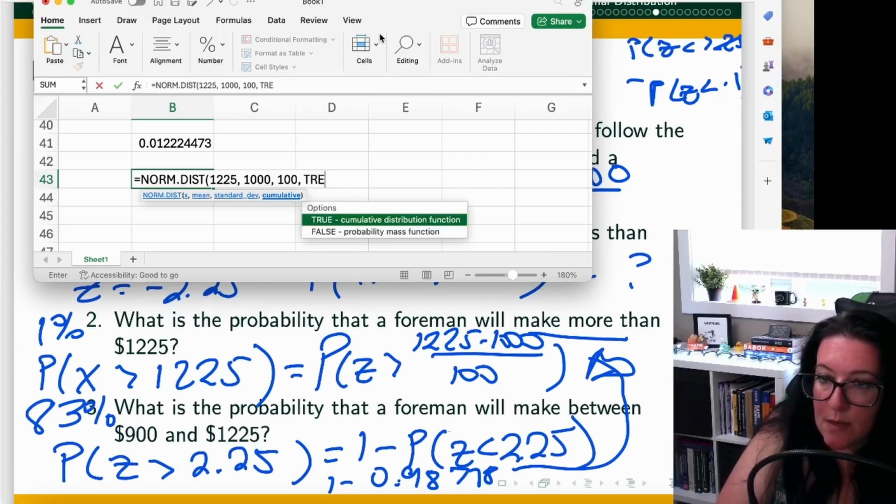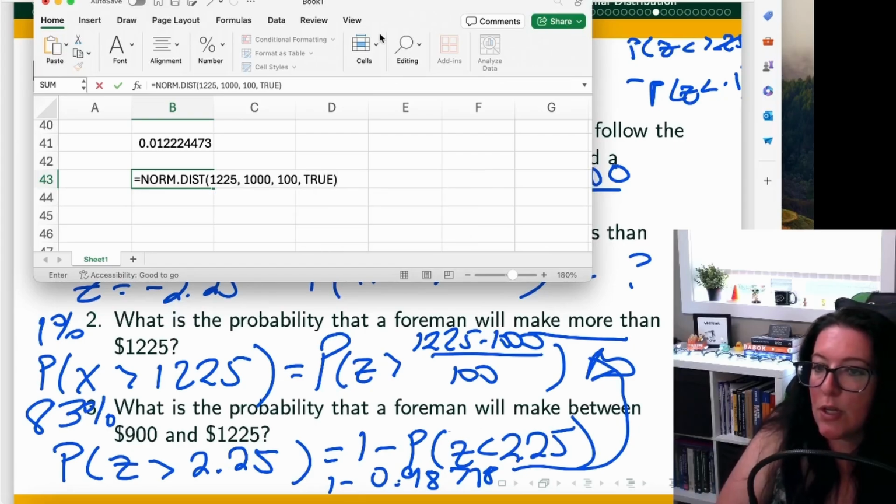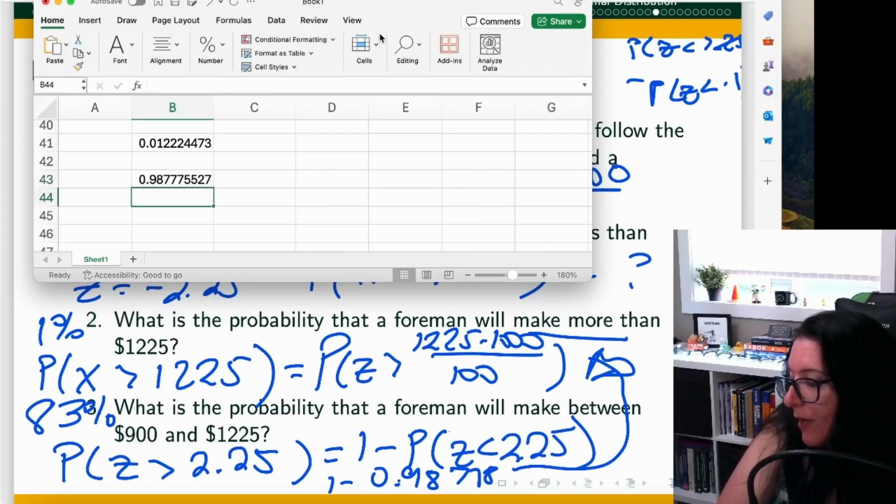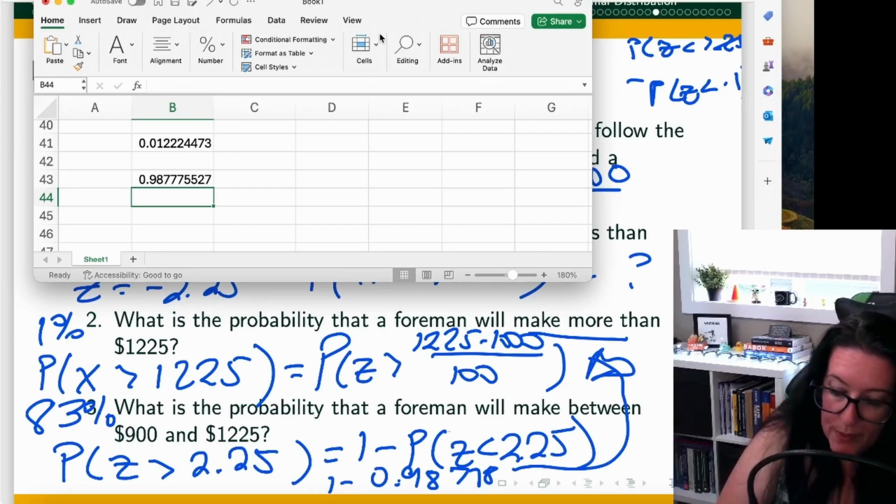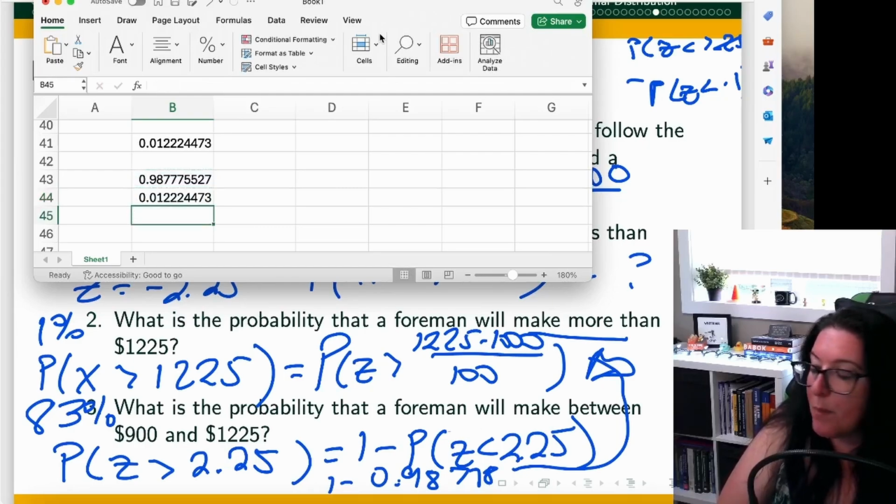It is going to give me the probability that you're less than 1225. I want to know the probability a foreman will make more than 1225, so I'm going to do 1 minus that number, and I get the 1% we found when we did it by hand.